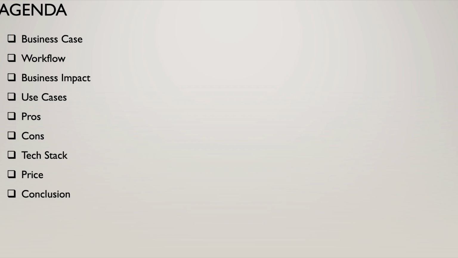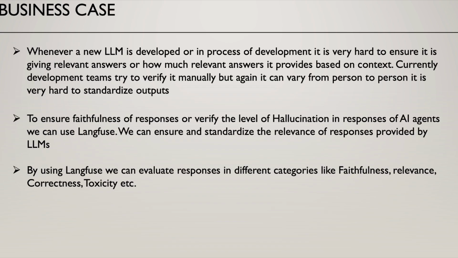And then we will conclude the complete discussion. So the business case is, whenever we start LLM development, it's very hard to know whether it is giving proper answers or not. Are the answers relevant to the context or not? Because once a person starts testing manually, it sometimes depends on person to person and on their perceptions.